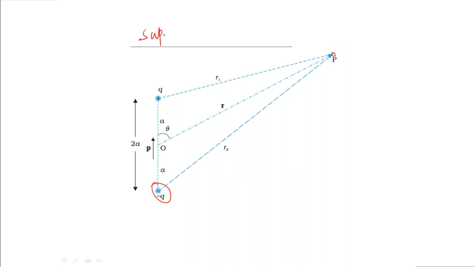That means if you have several charges, you can calculate the potential. This is valid for field also. So for the two charges, you can calculate the potential for both separately. For plus Q I will get some potential at this P, and for minus Q also I will get some potential.